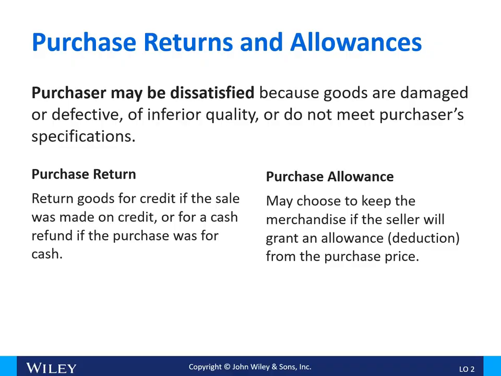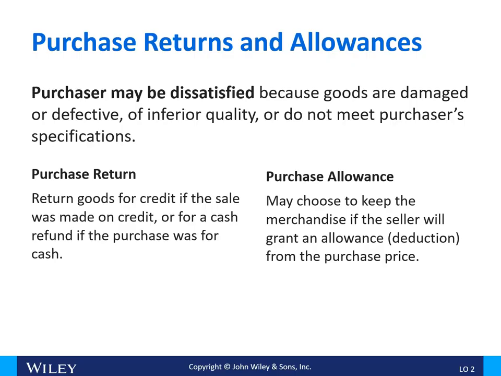Purchase returns and allowances. A purchaser may be dissatisfied because goods are damaged or defective, of inferior quality, or do not meet the purchaser's specifications. So there are a few reasons why there may be a return or an allowance given. A purchase return is when the goods are actually returned to the seller.